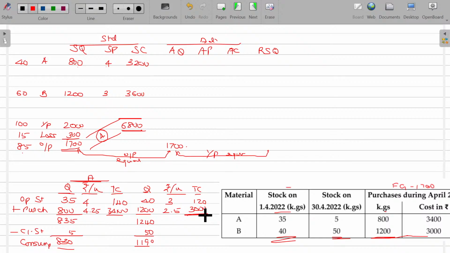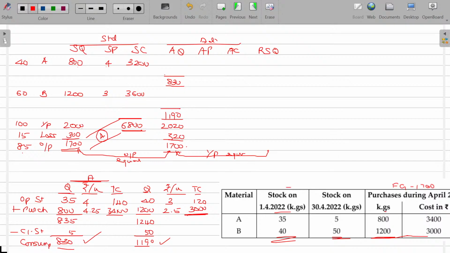Under FIFO method, first in, first out method, you consumed 830 units of A and 1190 units of B. Overall input being 1190 plus 830, 2020, but output is only 1700, so 320 being the actual loss.